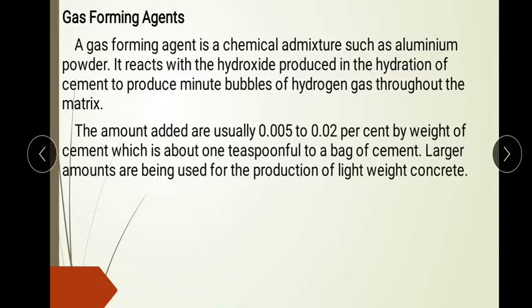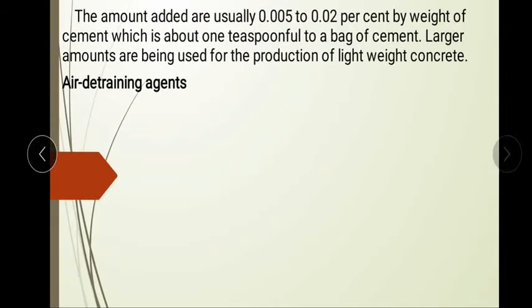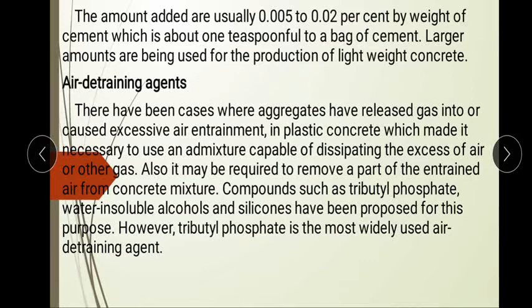The amount used is about 0.005%, which means 0.5% to 2%, or 0.2% by weight of cement. It will form a maximum amount of bubbles in the concrete and it won't affect the properties. That is the major advantage of using these gas forming agents or air detraining agents.